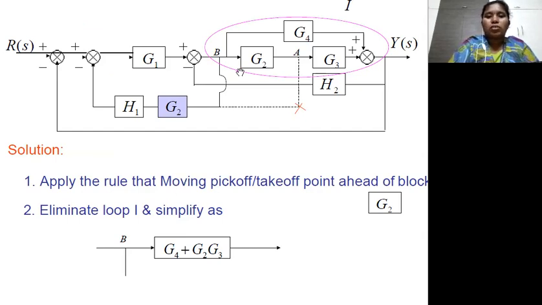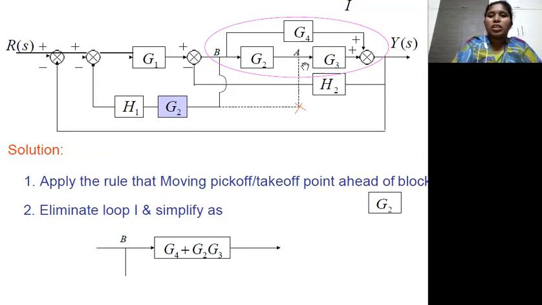So here I can remove this A point and move it to here. So here I apply the rule of moving the pick off point ahead of the block G2, and then we have to eliminate this loop.